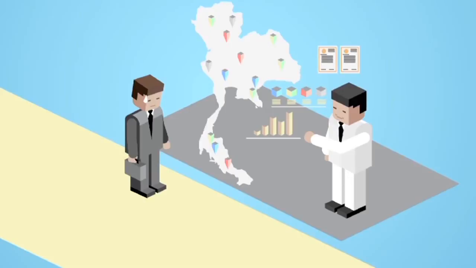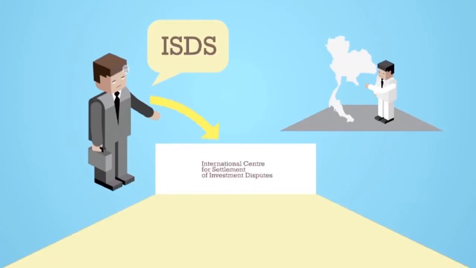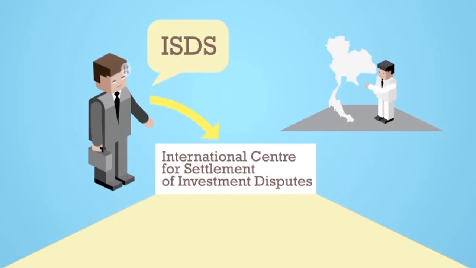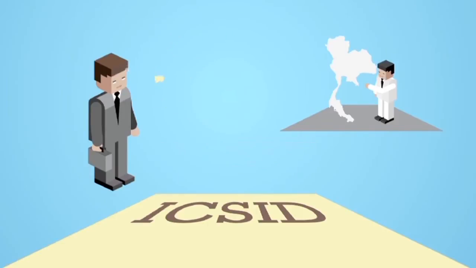What is important is that this mechanism allows investors to bypass the Thai courts and save time. The method is for investors to settle the claims by means of international arbitration, such as provided by the ICSID of the World Bank, which has a condition that whatever the outcome, the arbitration award is final, and both parties have to comply with it.